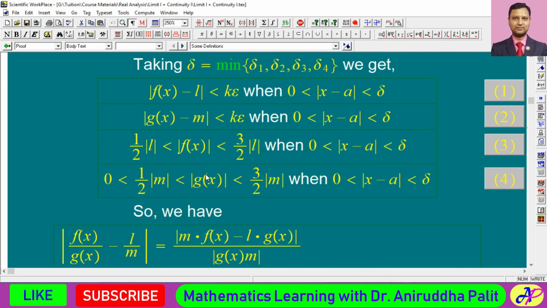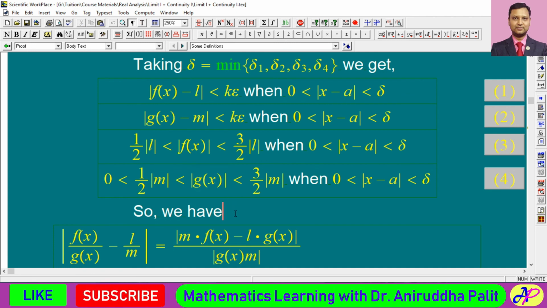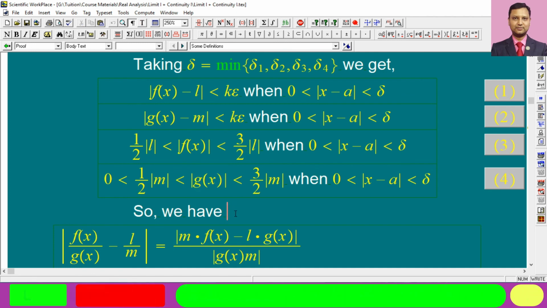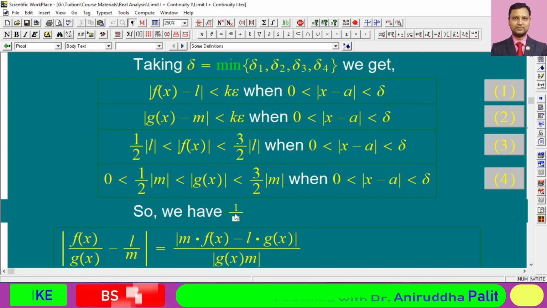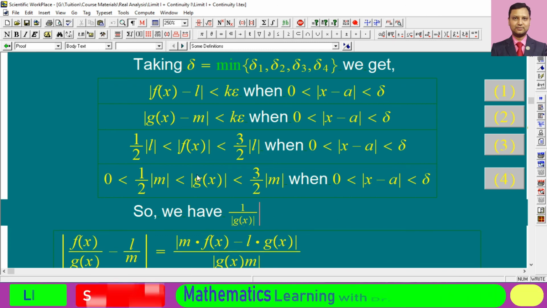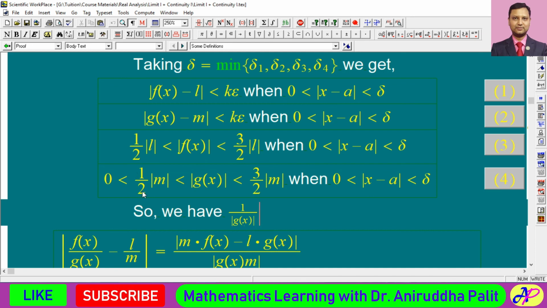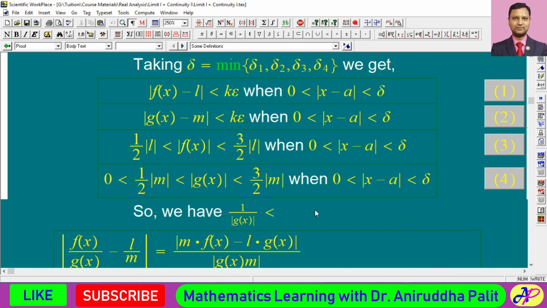Over here you see that modulus of g is less than epsilon, and so we can say, by considering the inverse 1 by modulus of g(x) and just considering the cross product, this quantity should be less than how much? That quantity should be less than 2 divided by modulus of M.